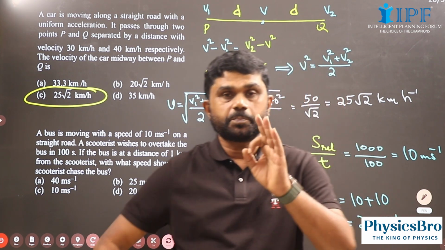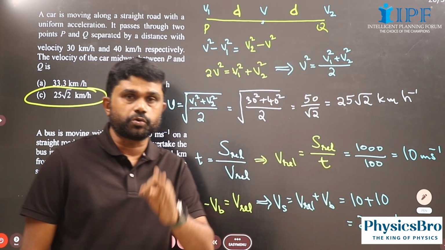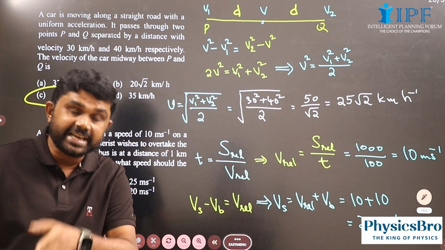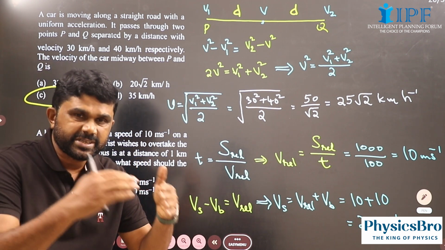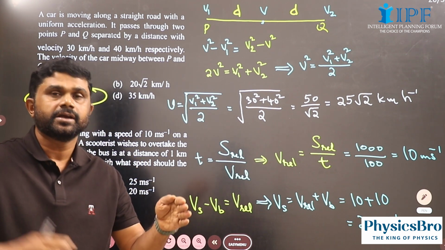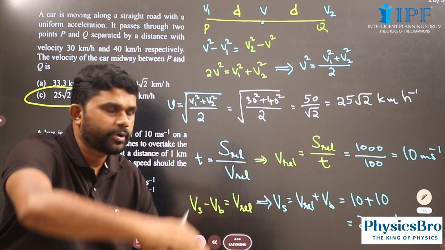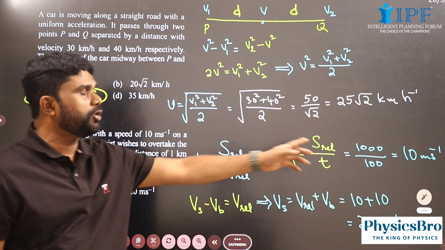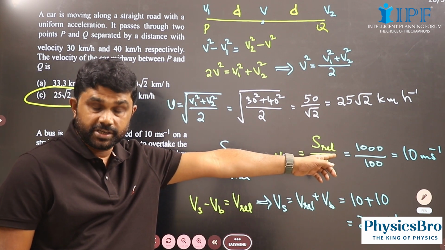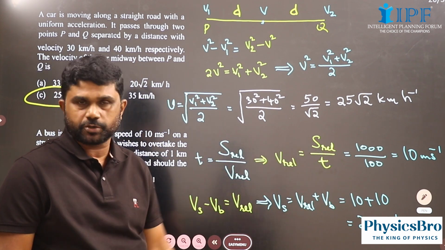So displacement of the scooterist when the bus is taken as the reference: initially 1 kilometer behind, now near the bus. So the displacement will be 1 kilometer, the relative displacement of the scooterist with respect to bus.